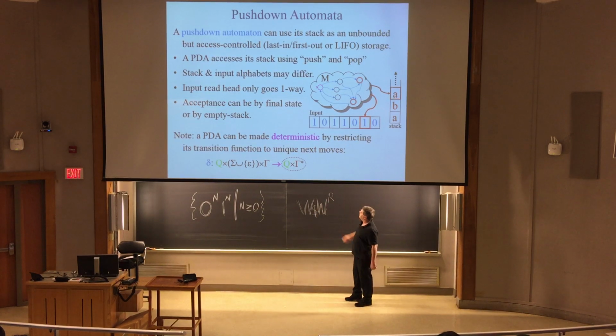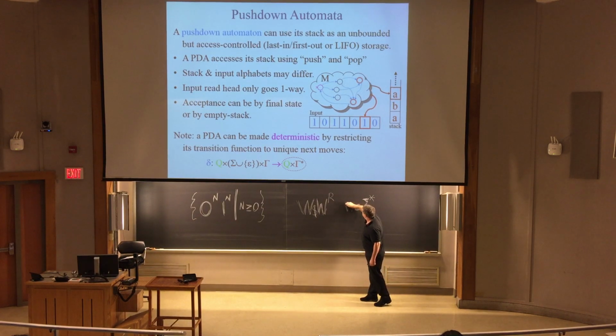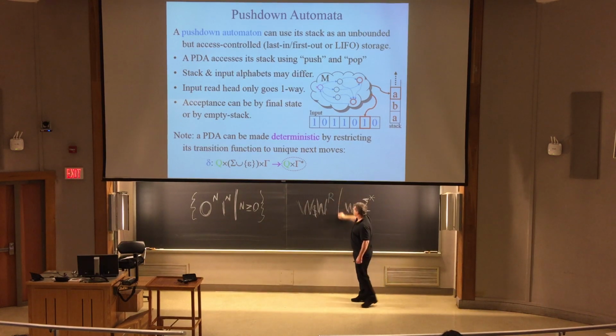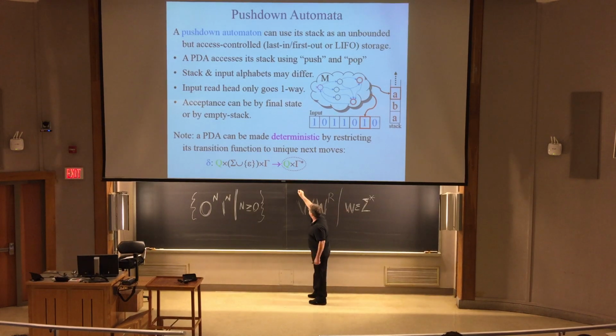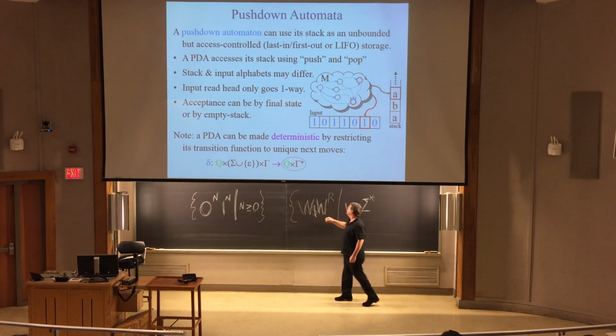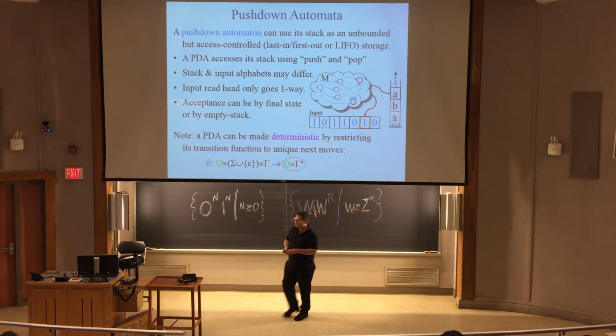So all strings of the form W $ W^R, where W is any string in sigma star. I'm writing it in bold so that those in the back can see it better. Might as well put the braces on it just to make sure that the type is a set very explicitly here. Hate making type errors.